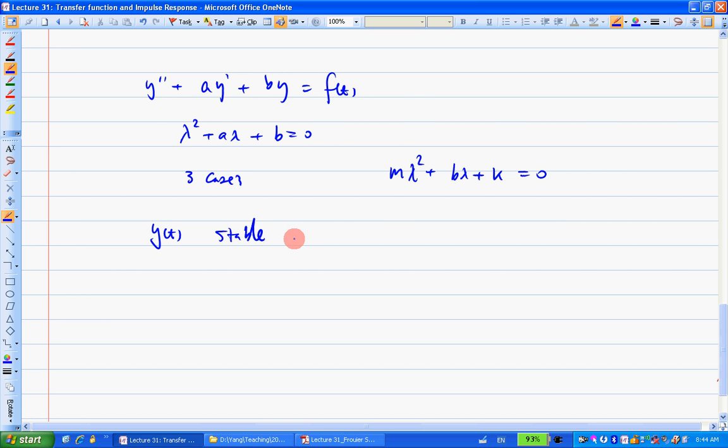So whether this is stable or not is determined by these lambda values.